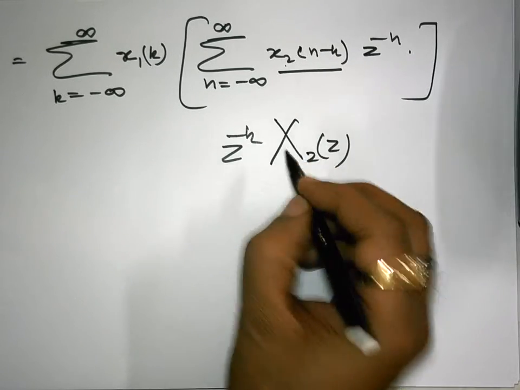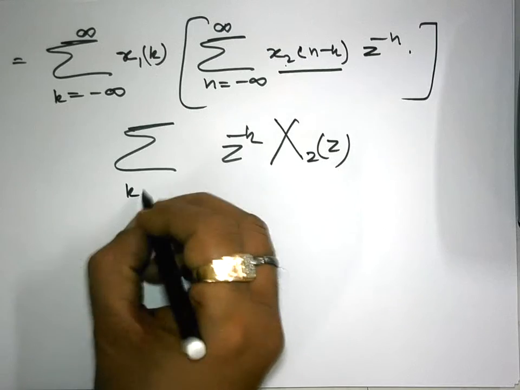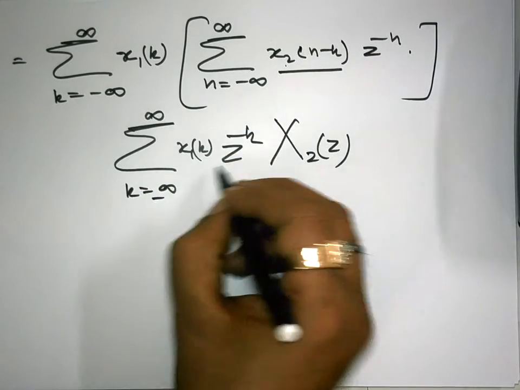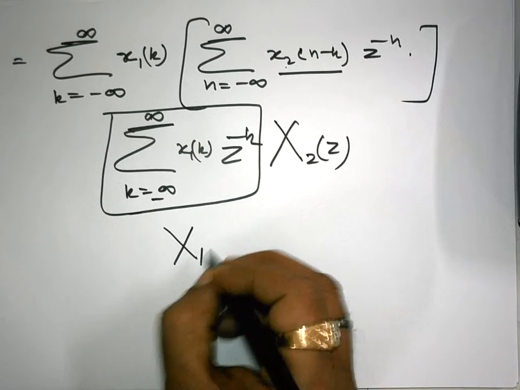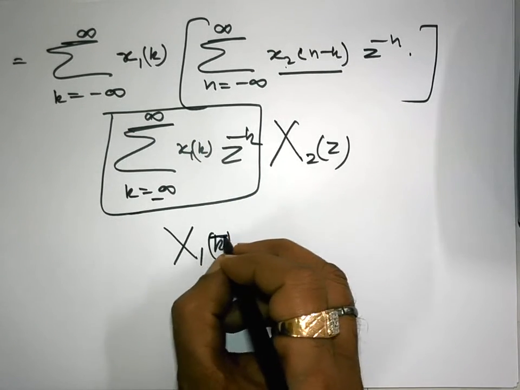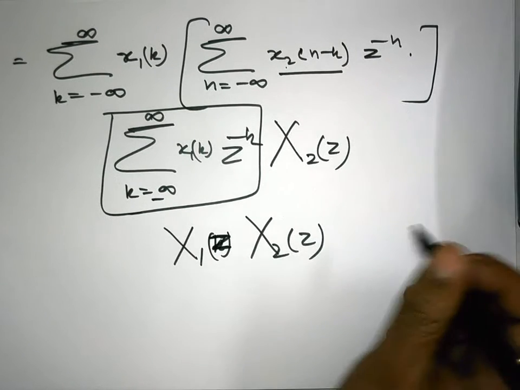This is multiplied by z to the power minus k, and the remaining summation over k of x1[k] z^-k is X1(z). So this is X1(z) and this is X2(z).